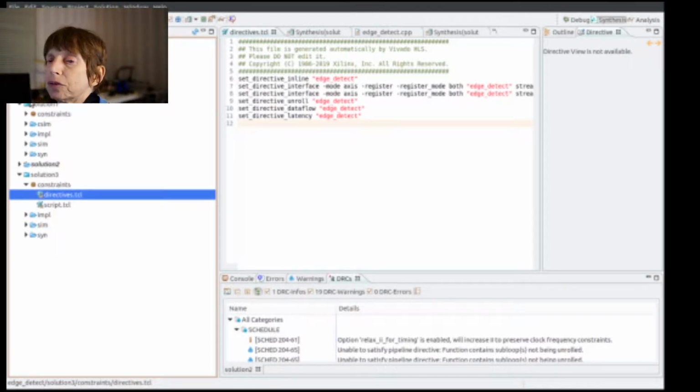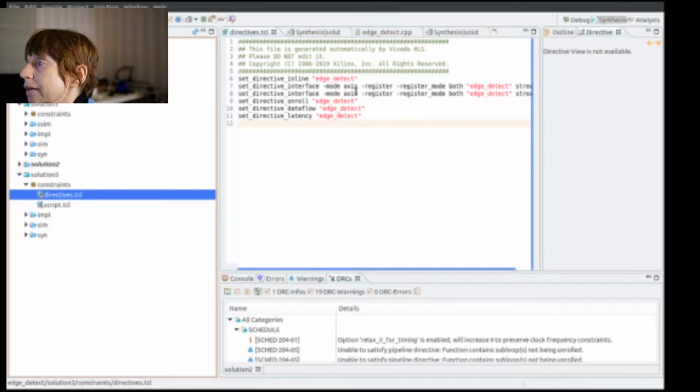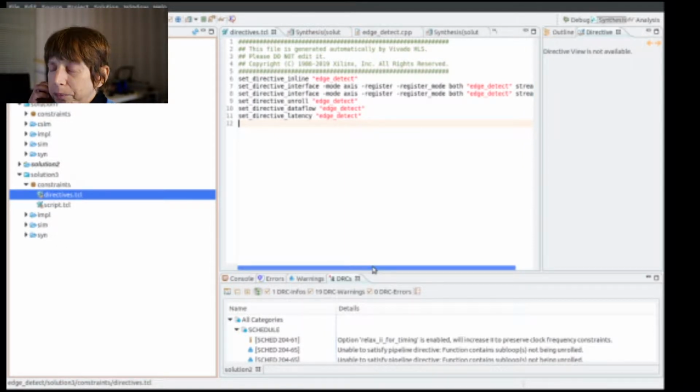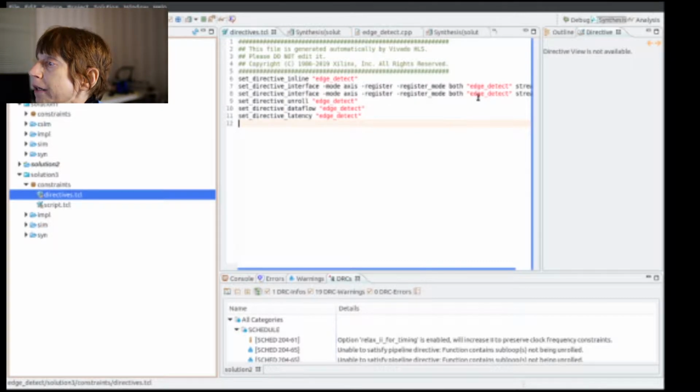What these directives do is group them together in the AXI axis fashion, AXIS. So you get them grouped as we saw in the block diagram. Without it, that's not going to be the case.